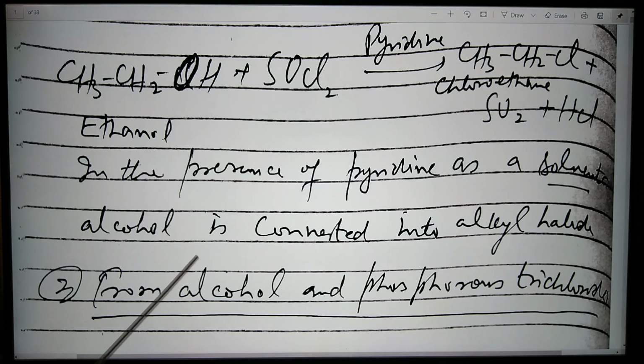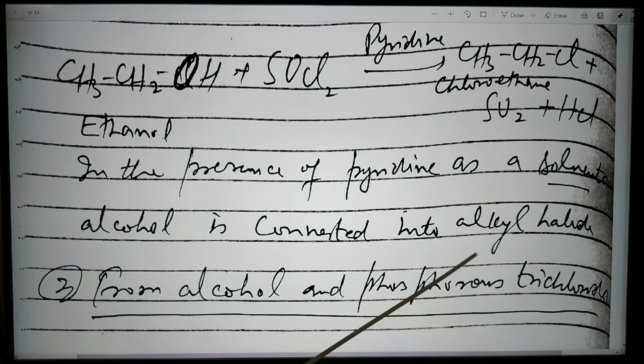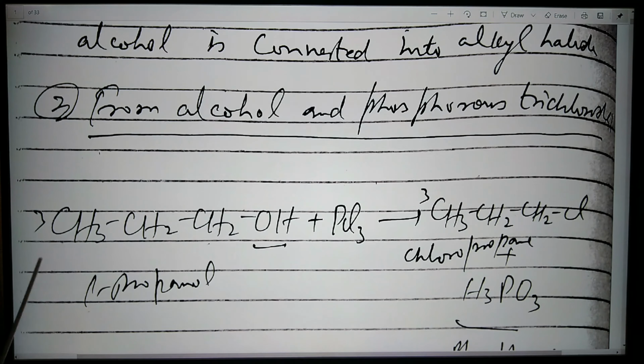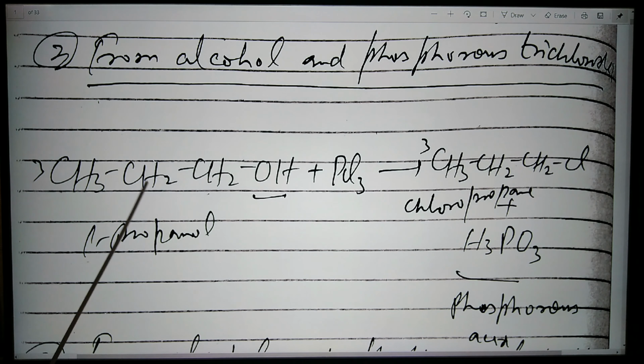Similarly, the second method is alcohol and phosphorus trichloride. In this case, consider 1 propanol, 1, 2, 3, 3 carbon, and this is the OH. So it is called 1 propanol. React with phosphorus trichloride.